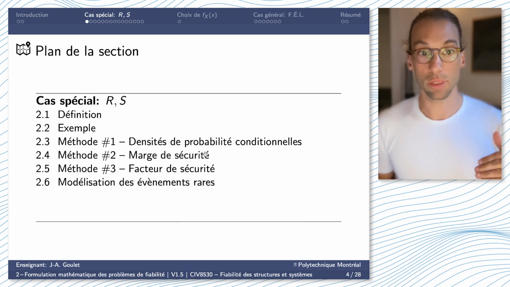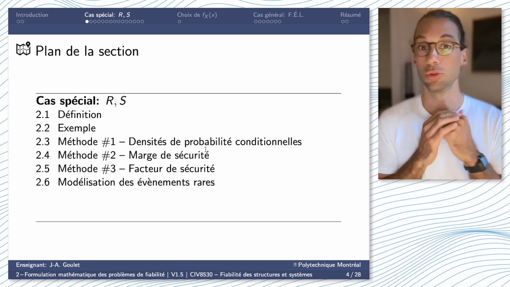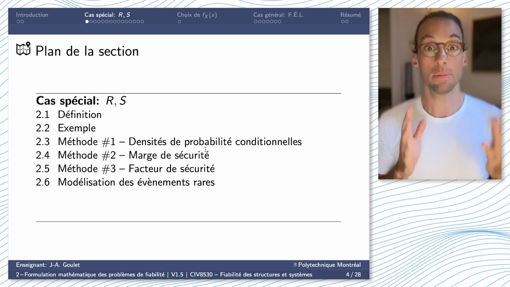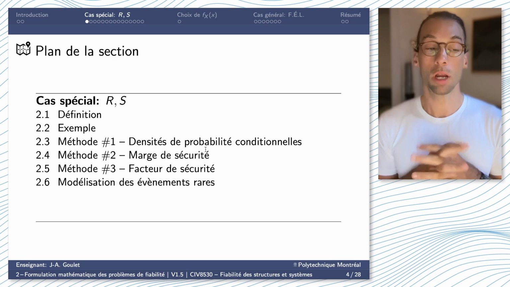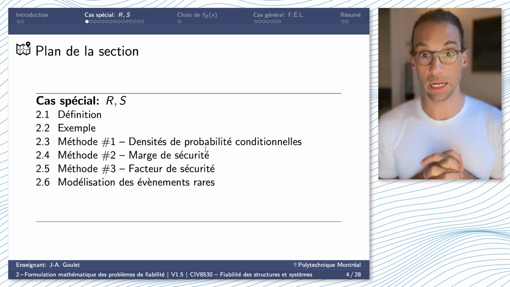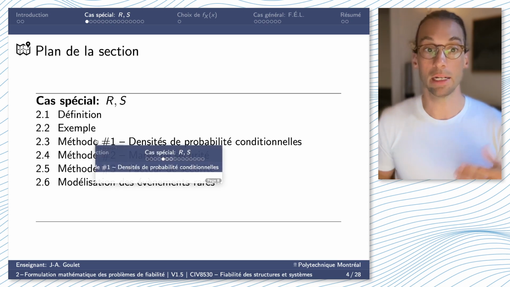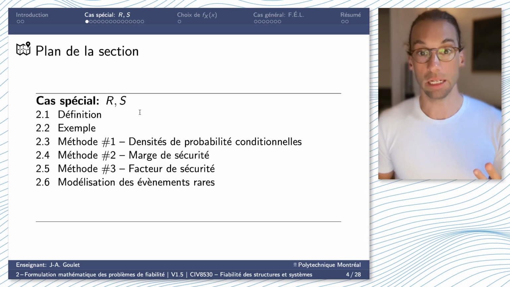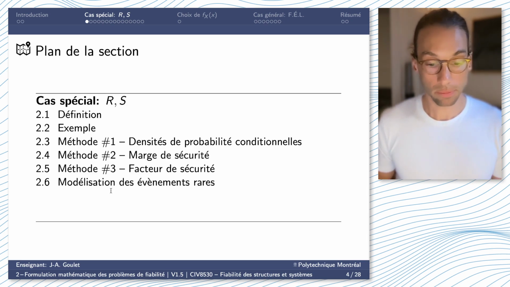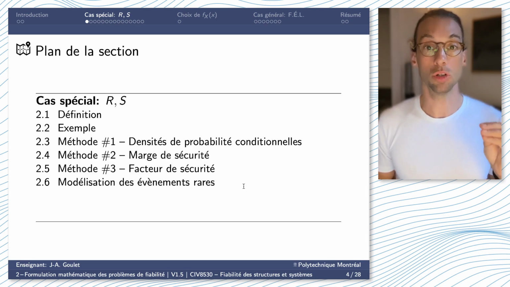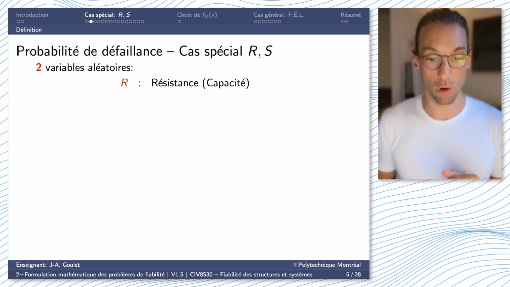From these, we're going to define beta, the reliability index, which is used throughout the concept of reliability theory and throughout the class. And finally, we're going to see how modeling rare events requires specific thinking about the choice of probability distribution to model all the quantities involved in our problem.